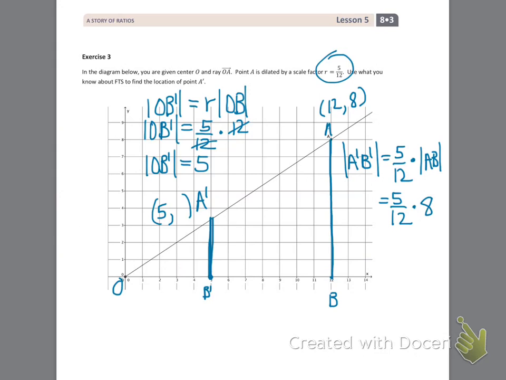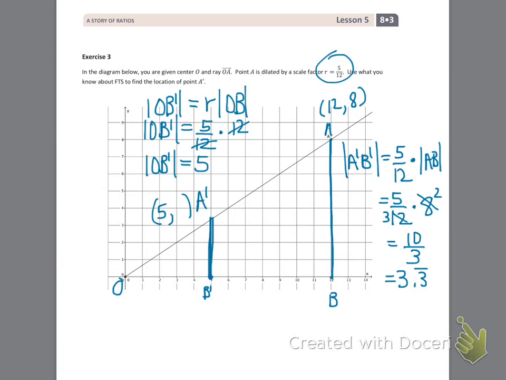So 5/12 times 8, which is, let's see, we can do some simplification here. I got 2 and a 3. So this becomes 10 thirds, which is 3.333 repeating.